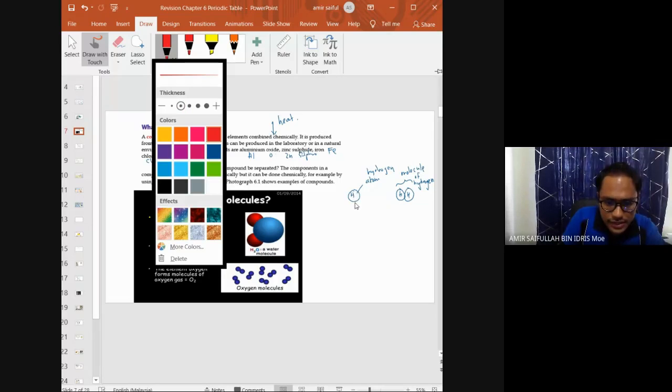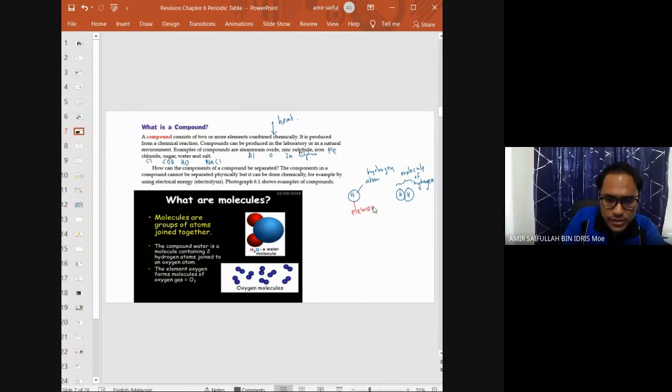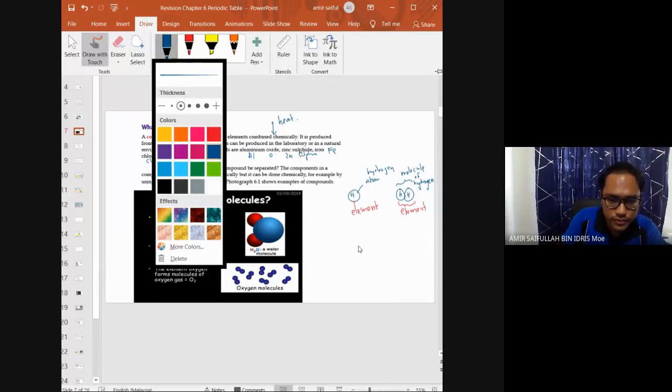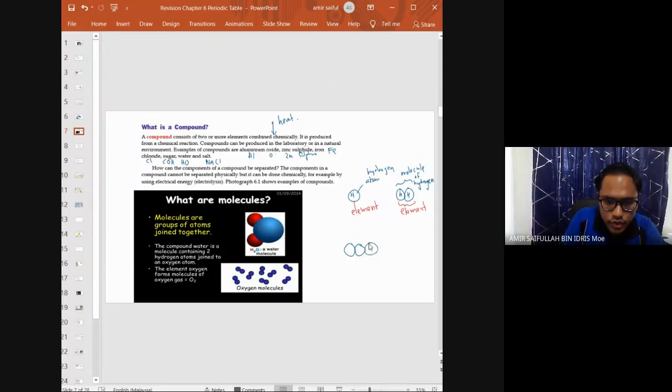But then, is this an element? Yes, this is an element because it has only one type of element. Are these molecules of hydrogen elements? Yes, they are elements because there is only hydrogen. Now the compound water is a molecule containing two hydrogen atoms. So we got three atoms combining together: two H and one O. That's why H2O.